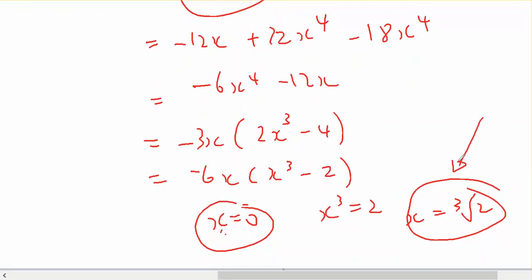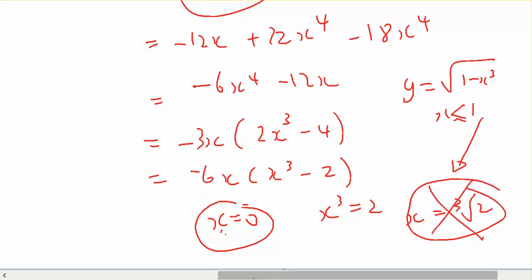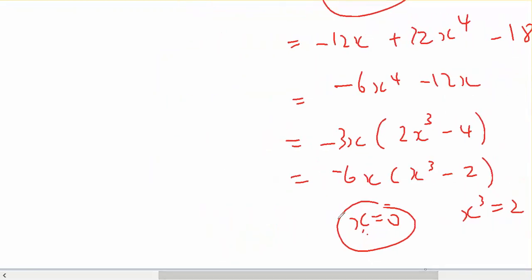However, this one is outside of the domain, because if y equals the square root of 1 minus x cubed, therefore I have an implied domain that x has to be less than or equal to 1. And since this is bigger than 1, I can get rid of that, which means that I only have points of inflection at 0 and 1 and 0 and negative 1.